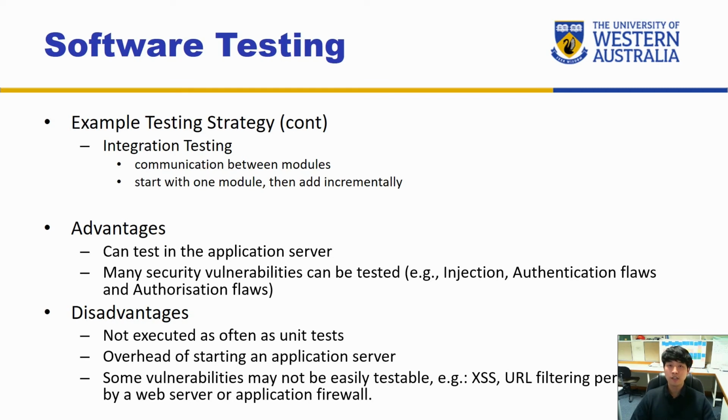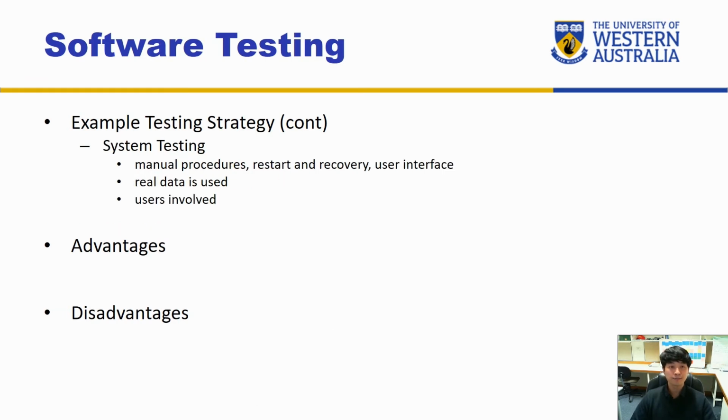Still at this point, some vulnerabilities may not be easily testable, like cross-site scripting or URL filtering, especially if this server is sitting behind the firewall, so it's not actually live on the web. You may be working just with an internal IP address, and then we can test some of the other mechanisms that we need to implement on top of that.